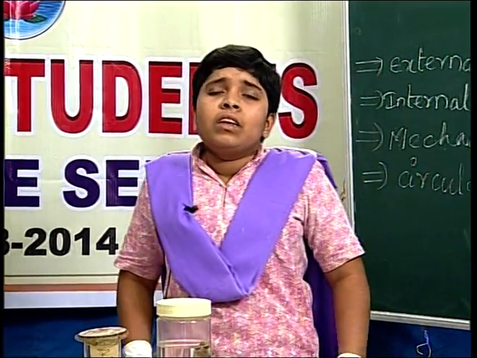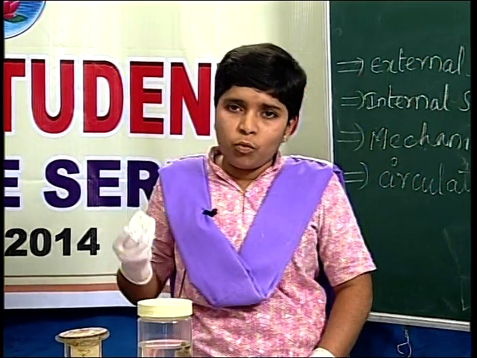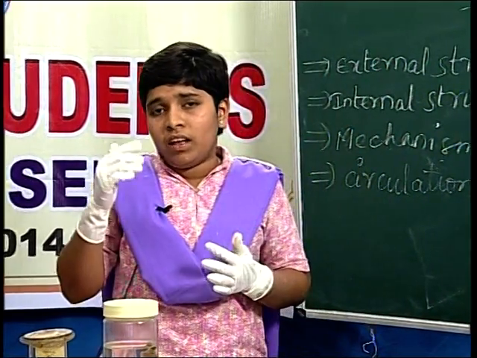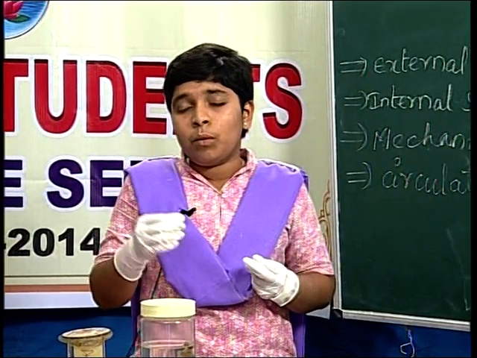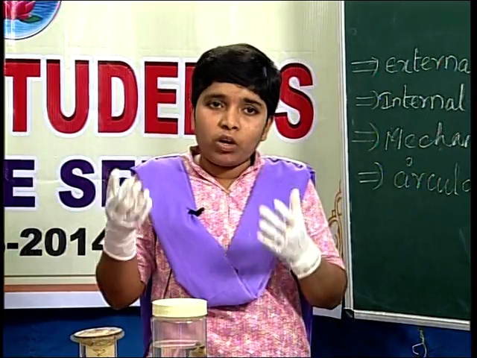See, some people get heart diseases also. It is by eating oily foods, smoking and taking alcohol. Such a disease is coronary artery disease. Many students ask what is a heart attack.